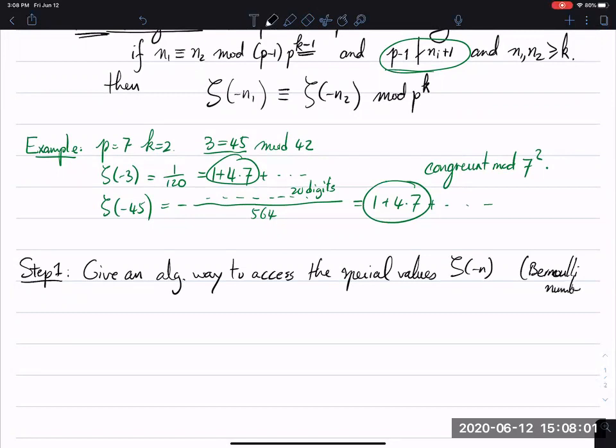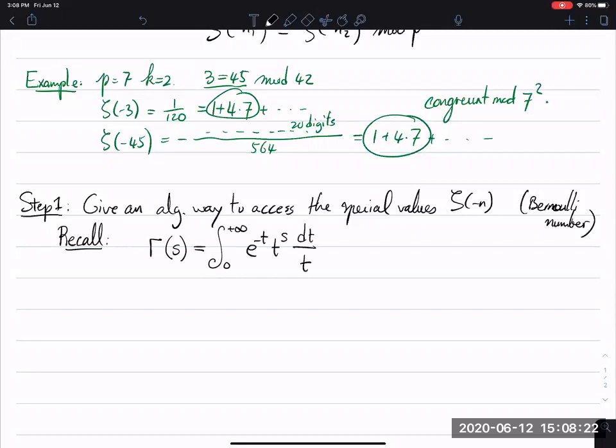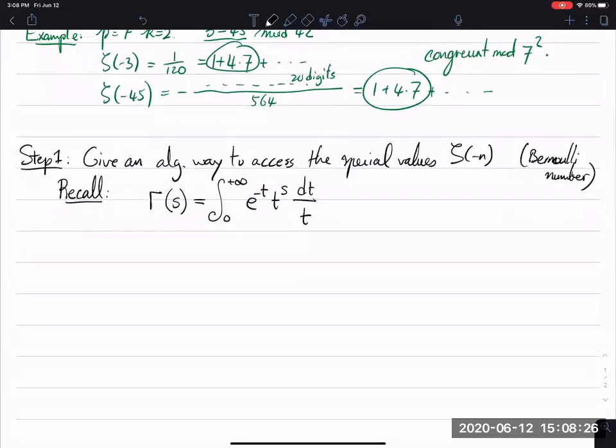But our presentation is off by slightly. So let's quickly recall. We're going to do a little bit of analysis now. I'm going to recall the gamma function, which is the integral from 0 to infinity of e to the negative t times t to the s, dt over t. The reason I wrote dt over t is because I think of it as kind of a multiplicative measure.